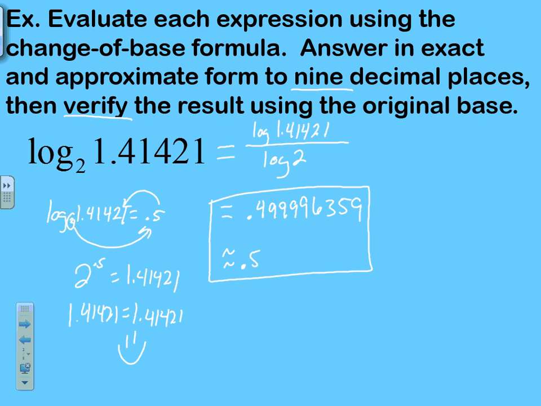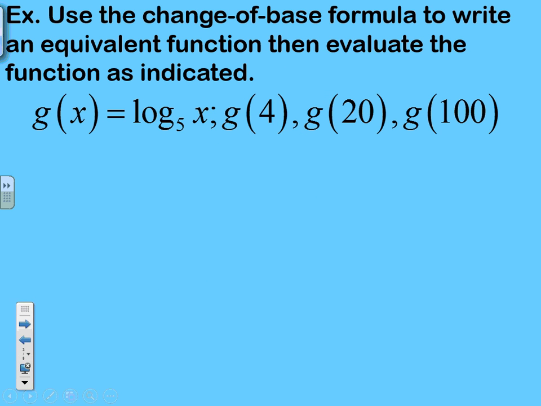So moving on. Here we're going to evaluate the same logarithm but for different numbers. This is just a function g that says log base 5 of x, and we're going to evaluate it for some different numbers. So if we say g of our first number is 4, we would say log base 5 of 4.